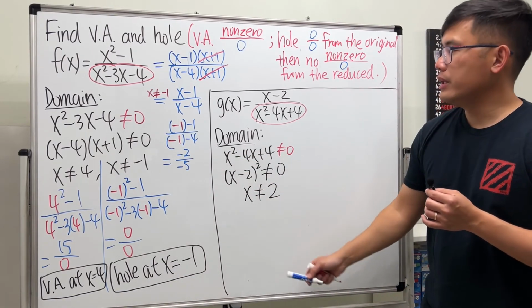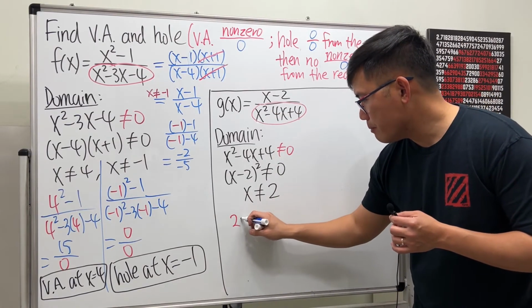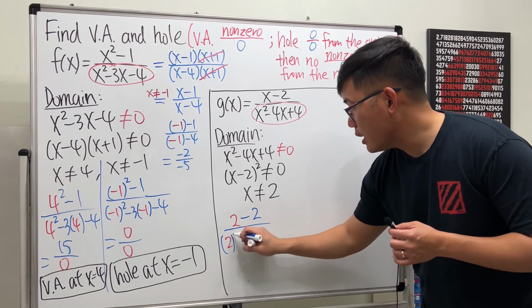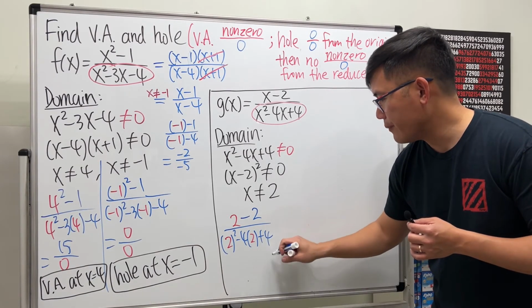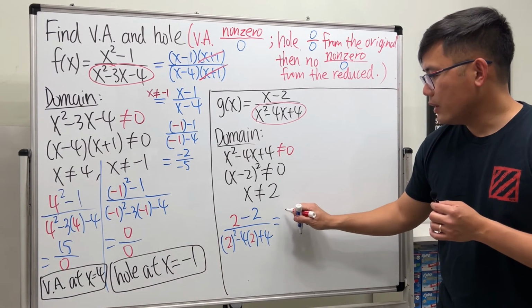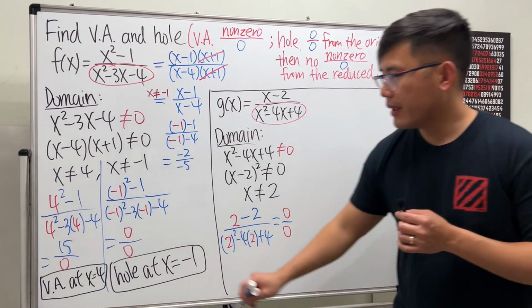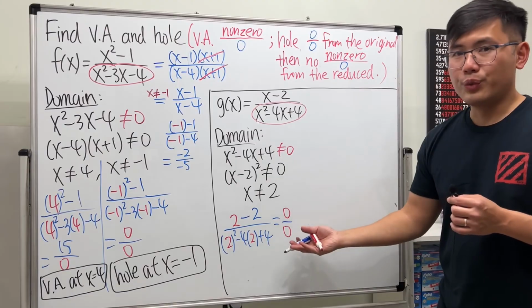Let's do what we did before. First, plugging 2 into the original. We are going to get 2 minus 2 over 2 squared minus 4 times 2 plus 4. On the top we get 0, on the bottom we also get 0. So what do we get?